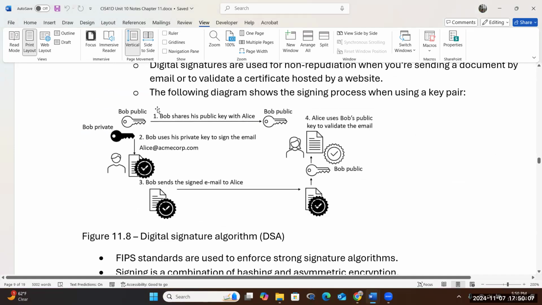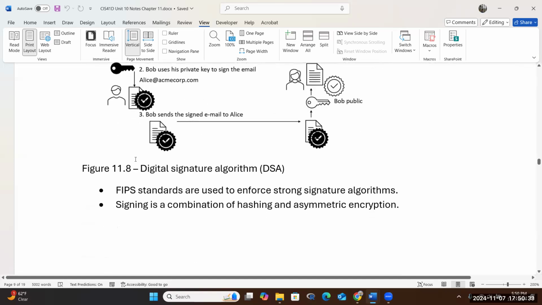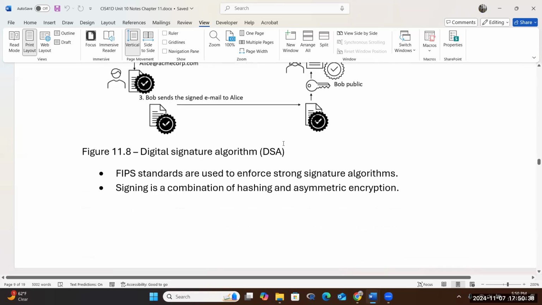Bob uses his private key to sign the email, then Alice is going to use Bob's public key. And that means that Bob's public key has to be transmitted. That's digital signature. Okay. So you have to have a transaction of the key for DSA.